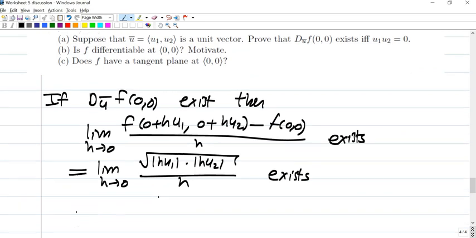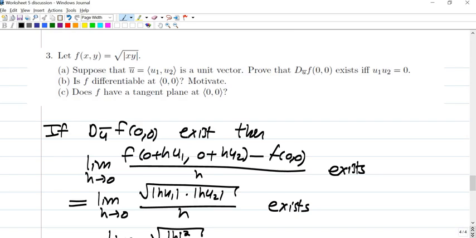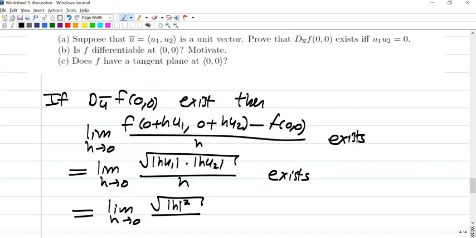And if we simplify this, we get the limit as h goes to naught of the square root of the absolute value of h squared over h, times the square root of the absolute value of u1 u2. So we multiply the x value and the y value.